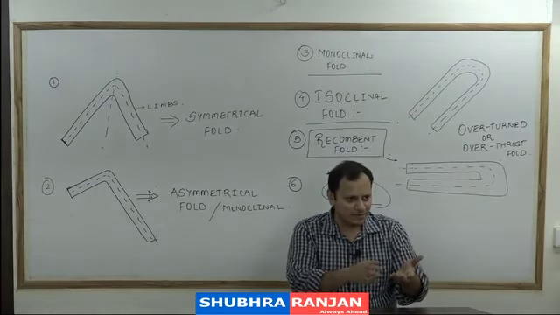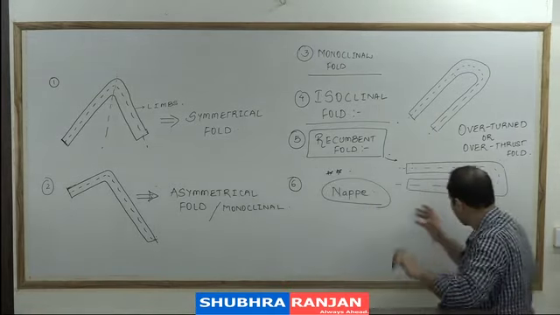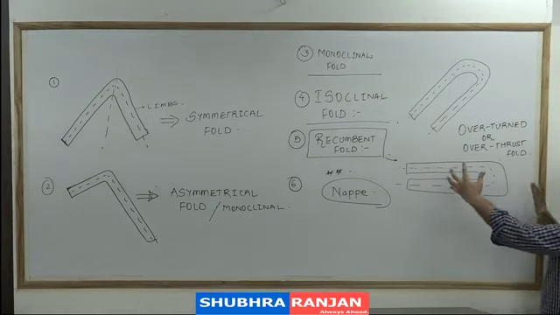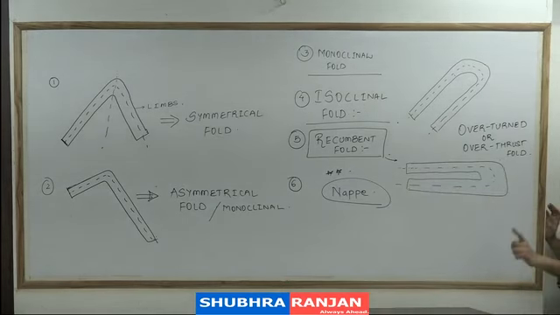Limestone matlab chuna, or clay is more or less elastic. But these are some of the rocks which are not elastic, and after that also if more and more pressure is being applied, can I say the fold will break?